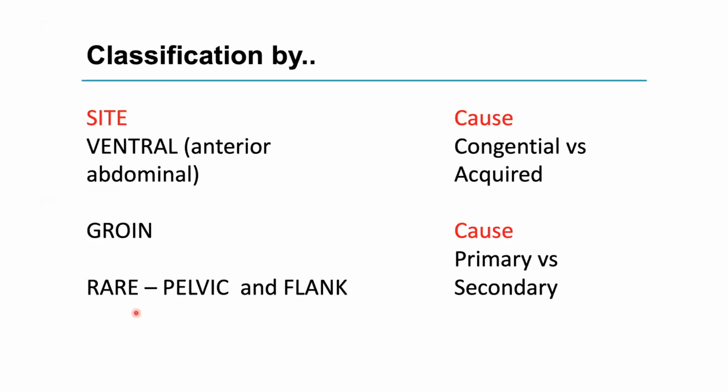There are really rare hernias that can occur within the pelvis and the flank, such as obturator hernia. We're not going to discuss those any further because they're just uncommon and just cloud your brain if you start to think about these. Stick to the common things. Let's learn about the common things. That's what's important. We can differentiate or classify by cause, so congenital versus acquired, and primary or secondary.